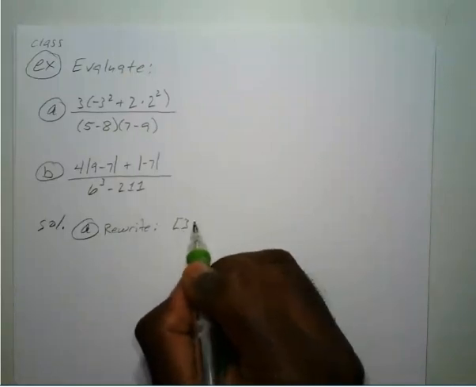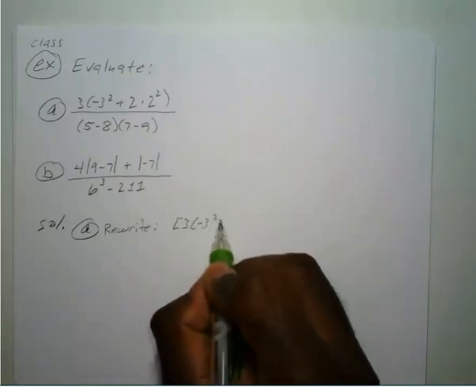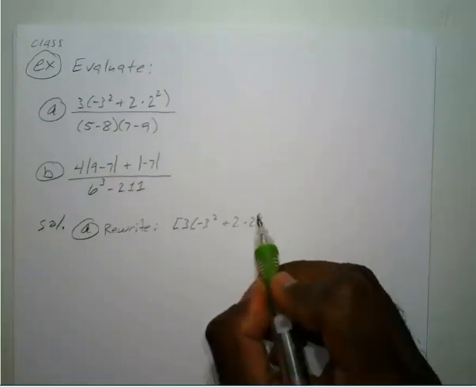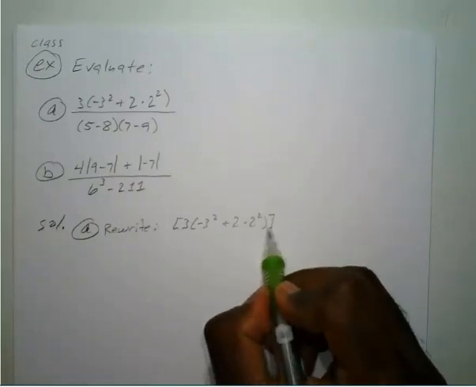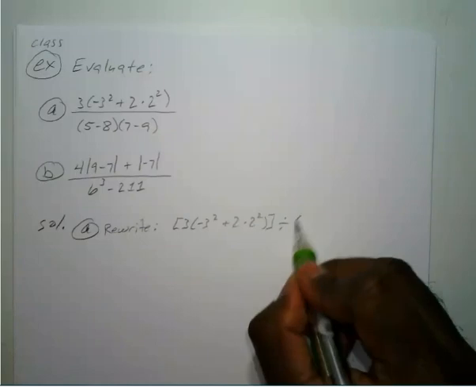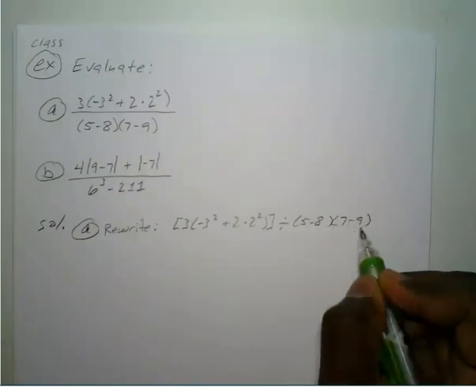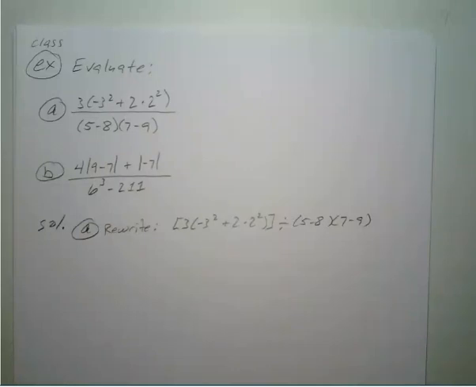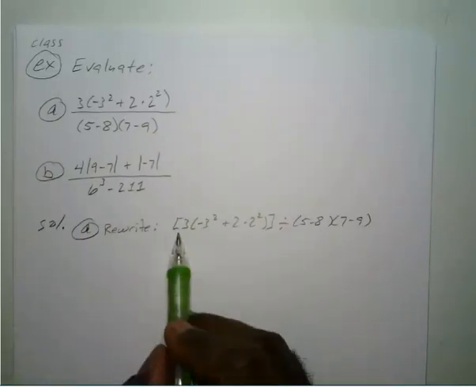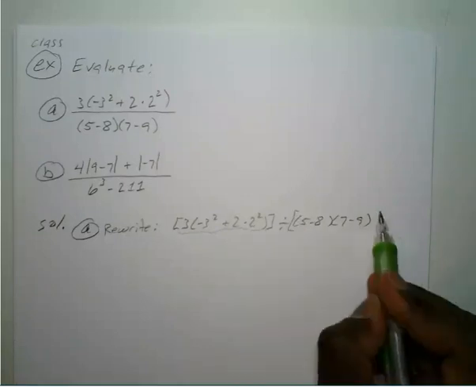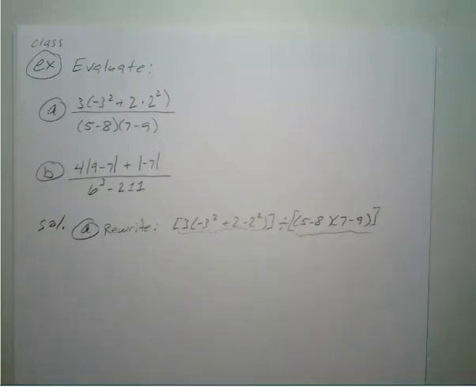So you have 3 times negative 3 squared plus 2 times 2 squared, divided by 5 minus 8 times 7 minus 9. We're going to go ahead and perform the order of operations on both of those.